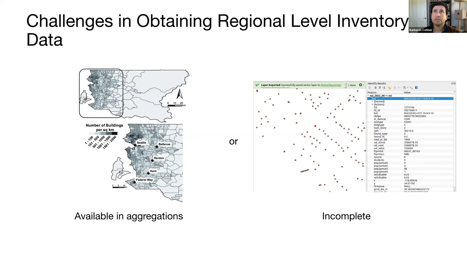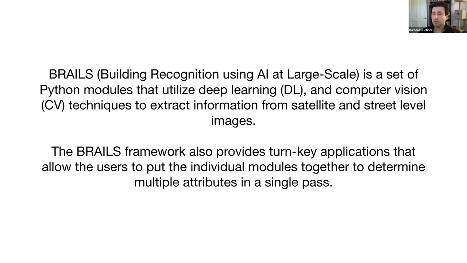But you will also notice that in certain cases, these fields are insufficient to go into further depth. So what BRAILS is really doing is it does all of this inventory generation, or inventory determination, at a specific building level and for an ever-growing catalog of attributes. For instance, roof shape: you don't find anything for it in either HAZUS or the National Structure Inventory or any other really open sources out there.